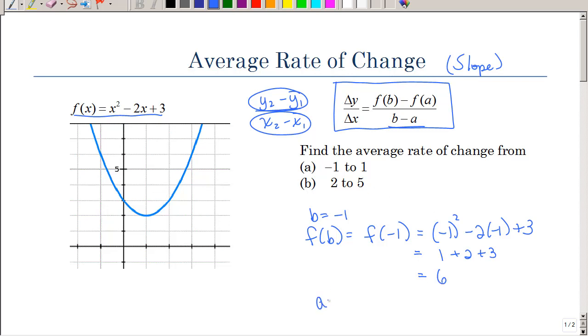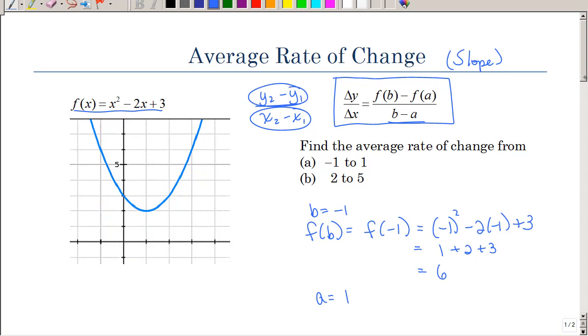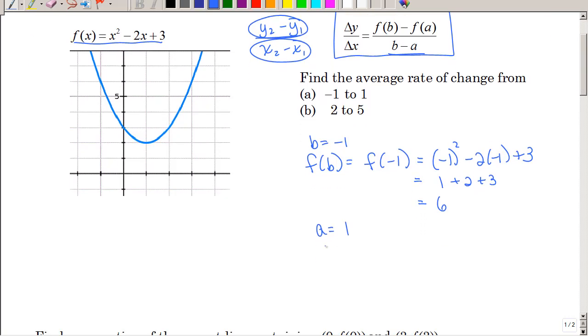Then I have a is equal to 1, so I need to find f of a. So f of 1 is 1 squared minus 2 times 1 plus 3. 1 minus 2 plus 3, I believe that is 2.